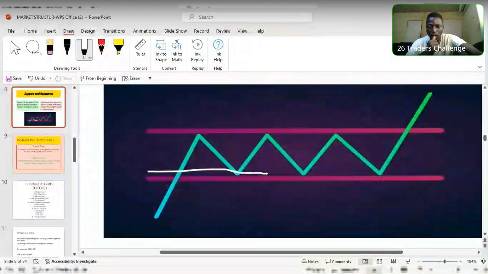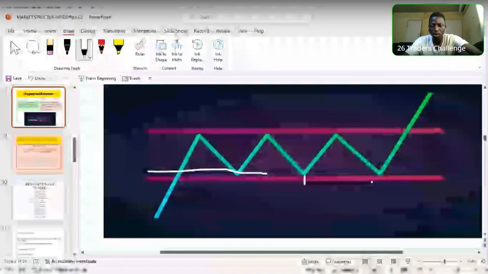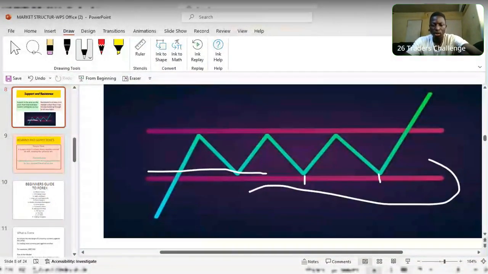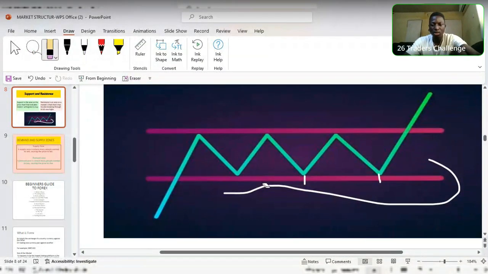All these points you see here, this line entirely, are our support zone. What are you seeing here? Every quick tap we have on that place, it always bounces back up.